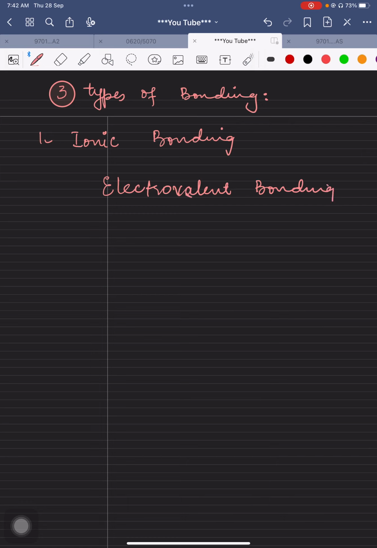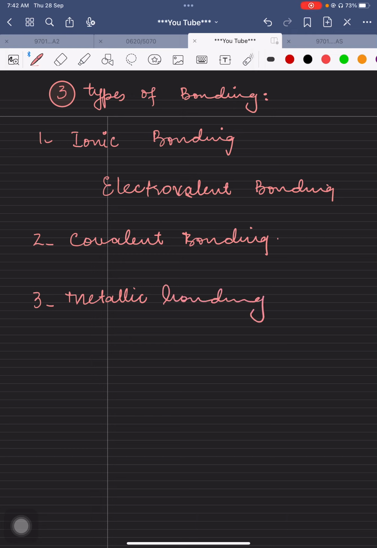Then, number two, covalent bonding. These are the bondings of your syllabus. And the next is metallic bonding. Now we have written three types of bonding here. So only these three types of bonding are part of your syllabus.